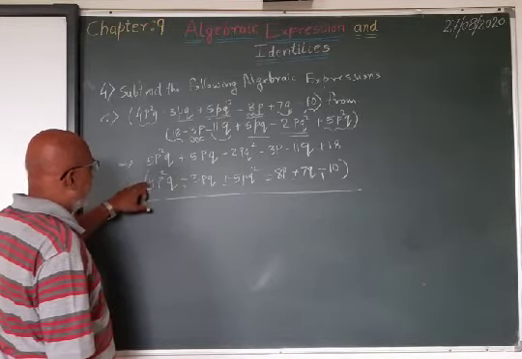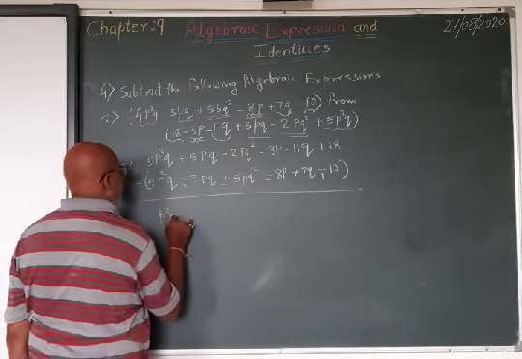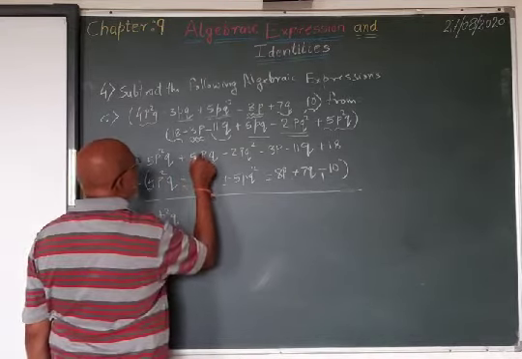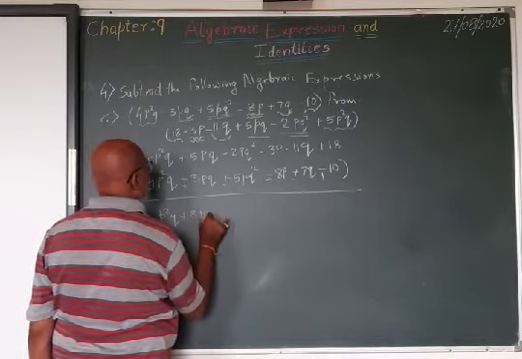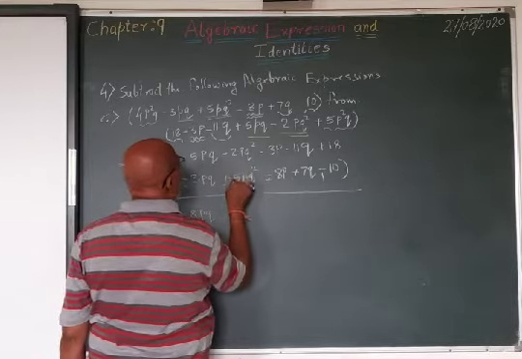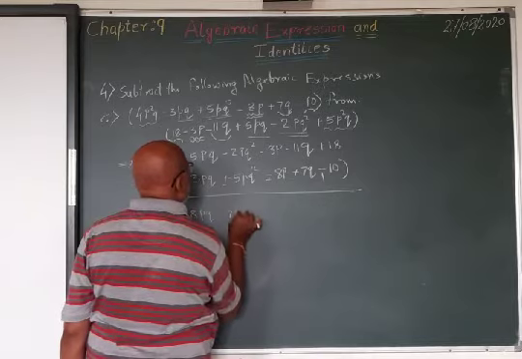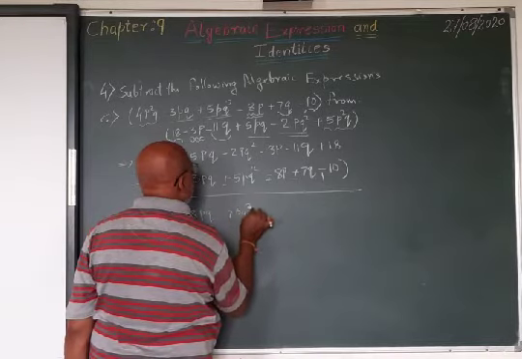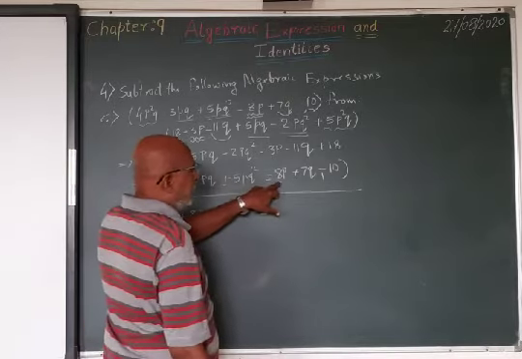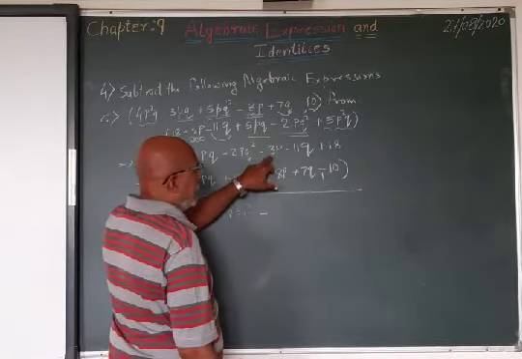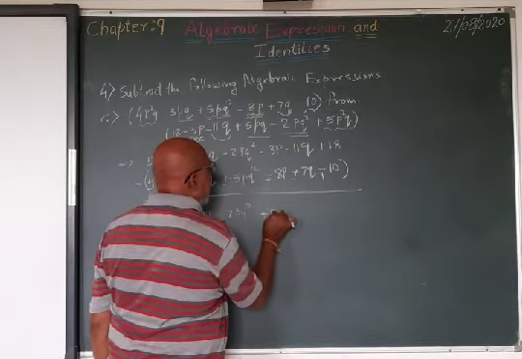5 minus 4 is 1, so I will get p square q. Then 5 plus 3 is 8, plus 8pq. Minus 2 minus 5, 2 and 5 is 7, so minus 7pq square. Then here plus and here minus: 8 minus 3 is 5, with the sign of the bigger one, so 5p.